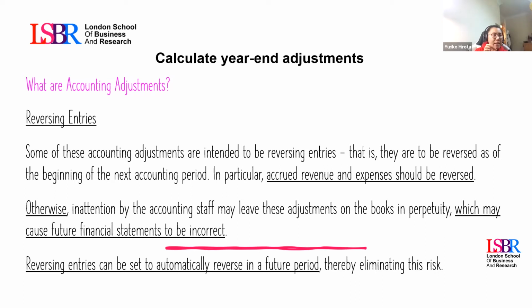I'm going to explain in a while why these are called reversing entries. Reversing entries normally are called accrued revenue and expenses. Accrued revenue and expenses, accruals and provisions, all these kinds of adjustments could be called reversing entries as well.